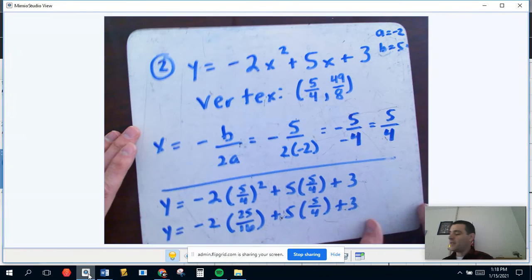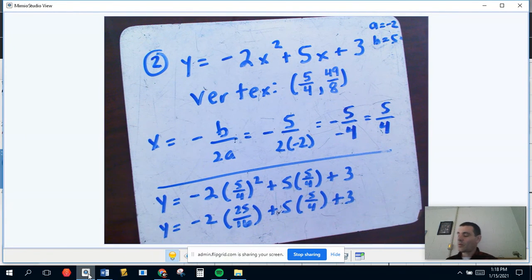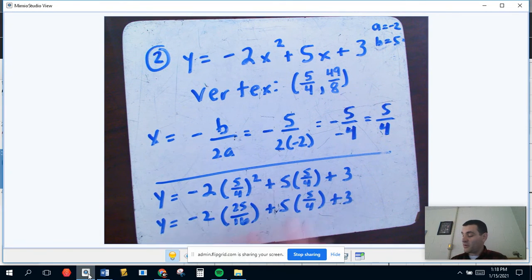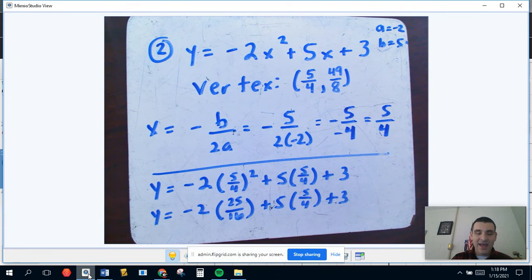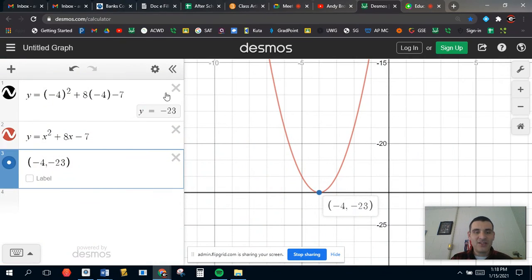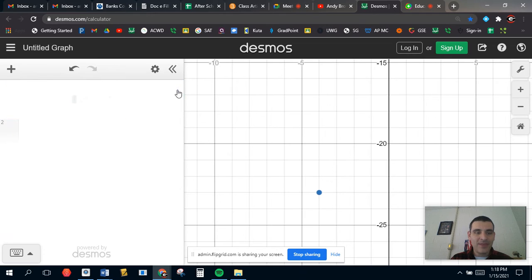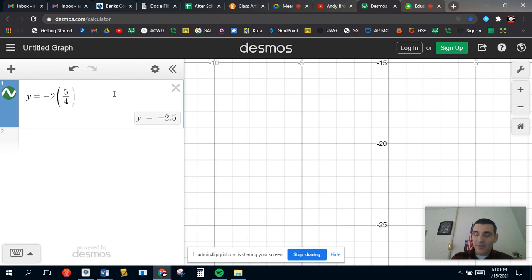Okay, now if you're in a different class and you don't have to do all that, just to show you what Desmos would have done, we'll just type this line into Desmos just to demonstrate. I always hate to just say let the machine do it for you, but in some instances you're expected to be fluent on these machines, and sometimes there's bigger concepts to worry about than having to add fractions.